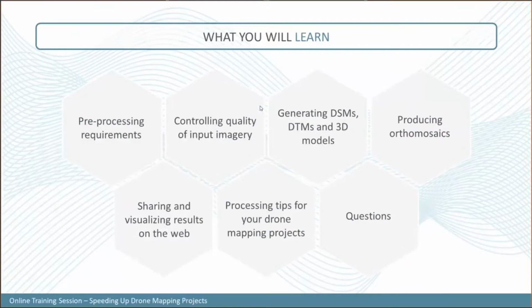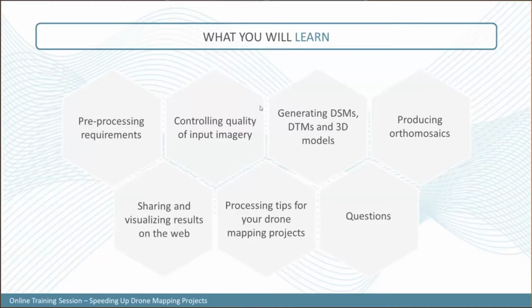So let's start with what you will learn during this presentation. First, I will talk about the pre-processing requirements of your drone project, so what you should think of before starting your photogrammetric processing. Then I will talk about controlling the quality of the input imagery. This has a major impact on the quality of the result you can get.